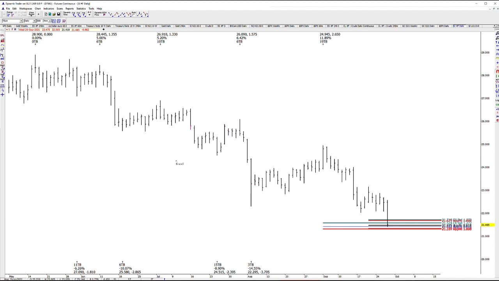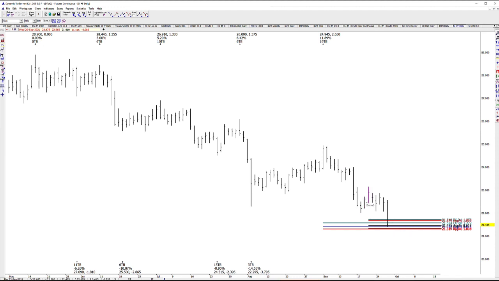The 62% alternate price projection of the net range of this entire decline from this high was right in the zone. The 127% external retracement of this last advance, again because we're anticipating that this is the last section down, the last section within this impulsive trend, came right in the zone.